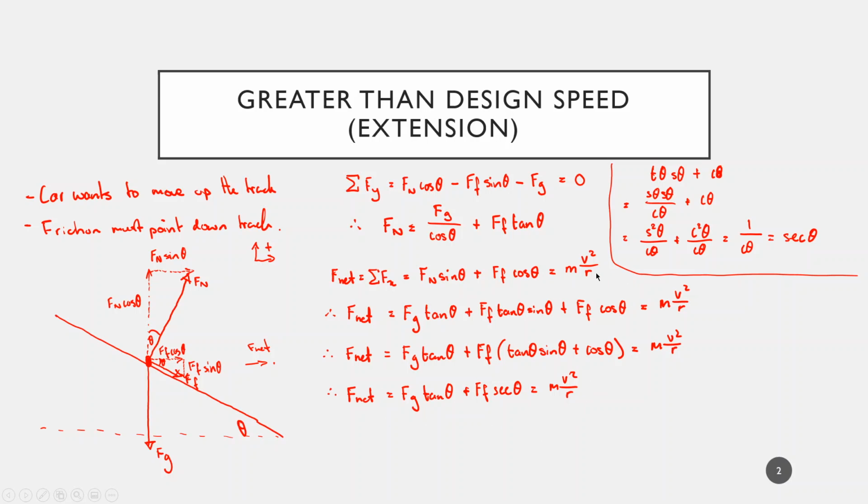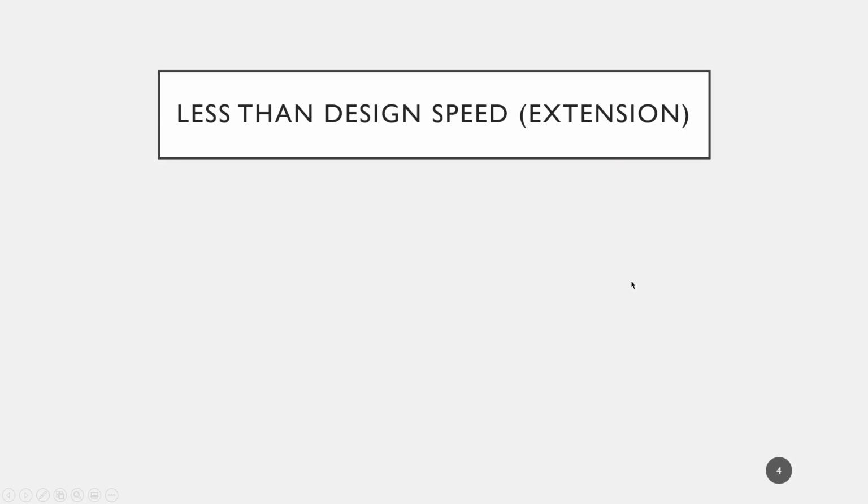Now, we can do pretty much exactly the same thing when we're talking about a car moving at less than design speed. Think about what happens if you're traveling too slow around a banked curve like that. What might help you visualize what's going on is if your car is parked on a steep hill.